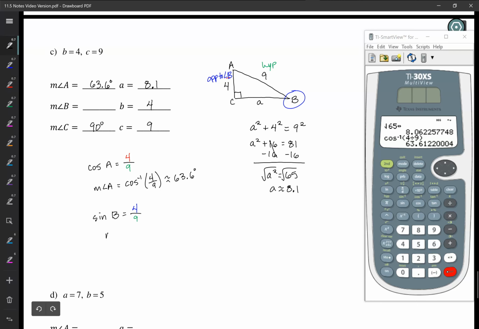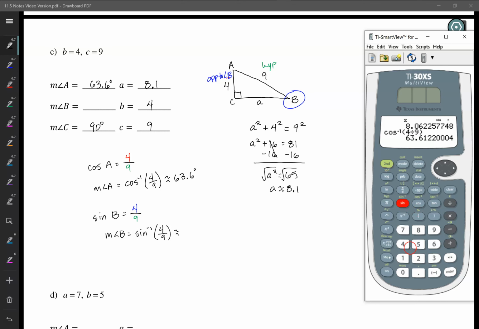So the measure of angle B would have been inverse sine of 4/9. 26.4 degrees. And hey, look, that's exactly the same thing I would have gotten if I had done 90 minus 63.6. Same answer.